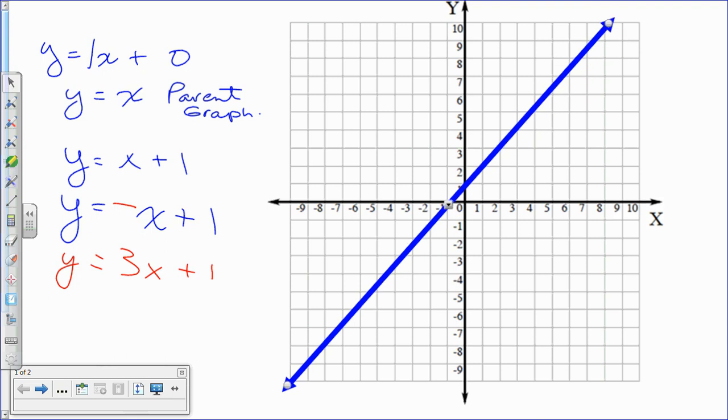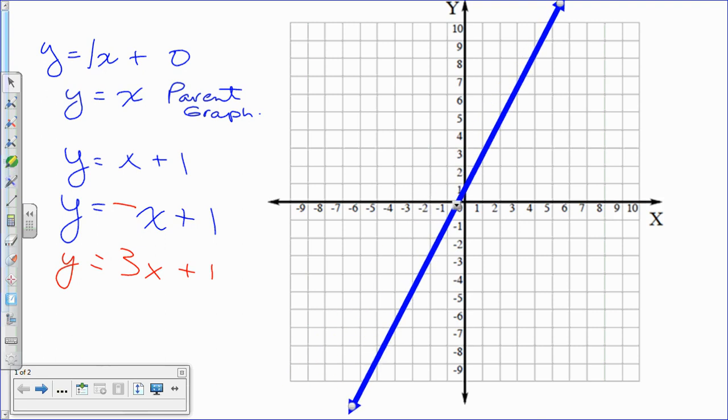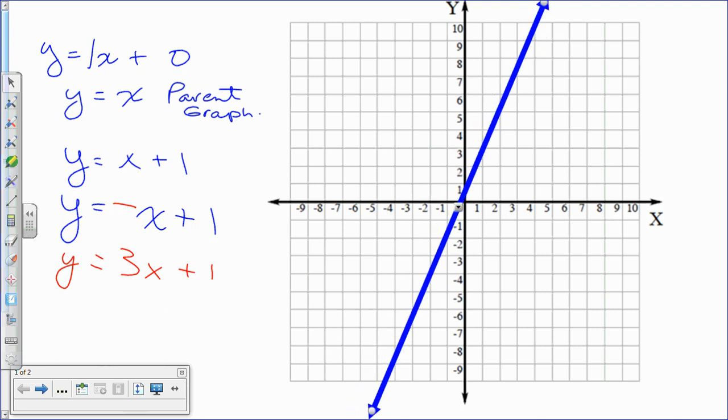Steeper, good. It's just going to go up a little bit there. It's still passing through 1. Just turns my line, doesn't it? Makes it steeper. And the higher the number goes, the steeper the line goes, right?